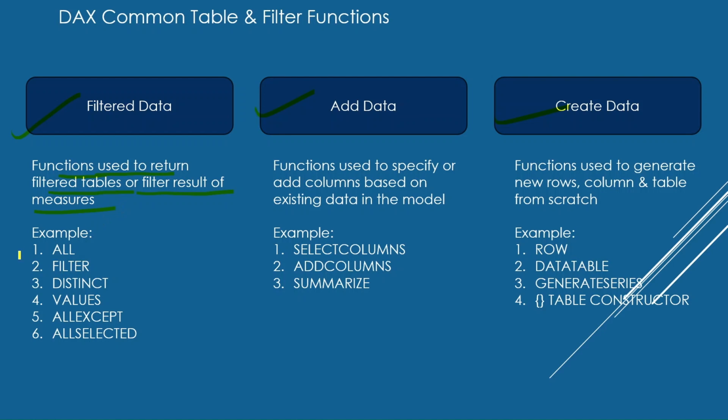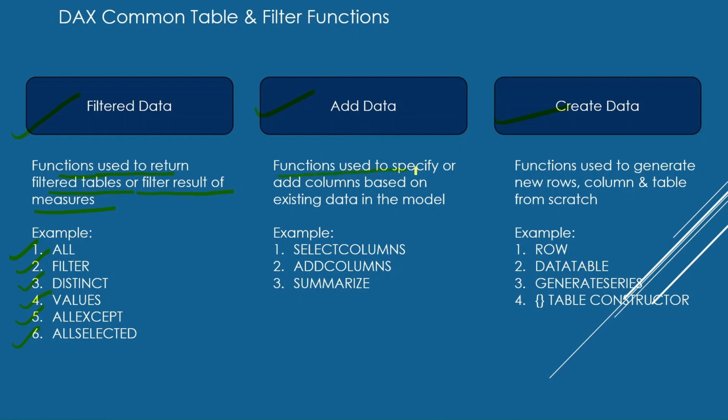The common filter data functions are ALL, FILTER, DISTINCT, VALUES, ALLEXCEPT, and ALLSELECTED. In the coming videos, we are going to discuss in detail each and every filter data function.